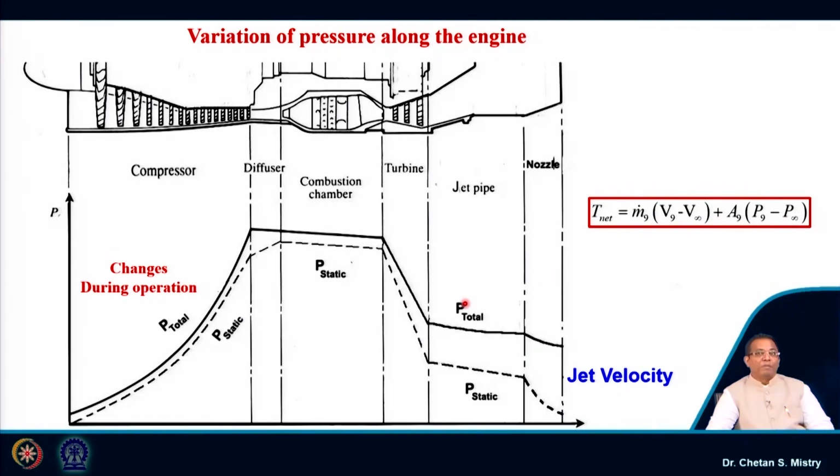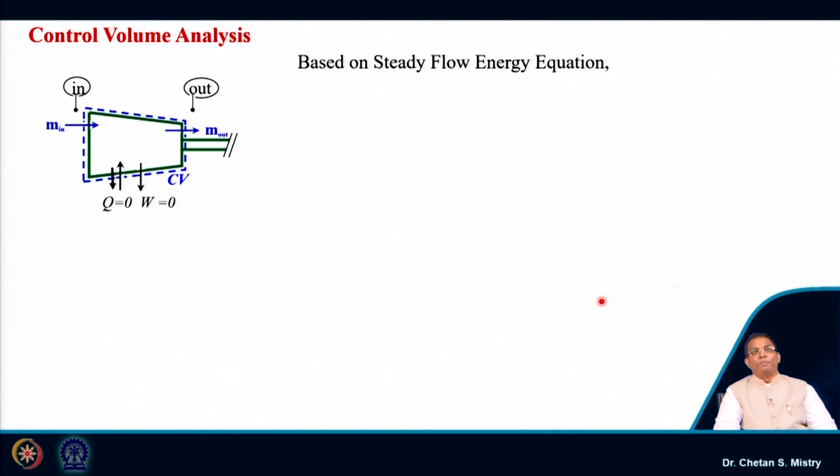The pressure in all these components varies at the entry as well as the exit, and that is the reason we are discussing the contribution to the thrust generated by the individual components.